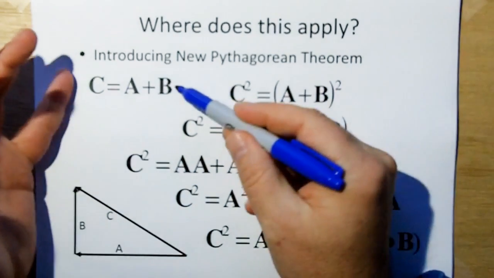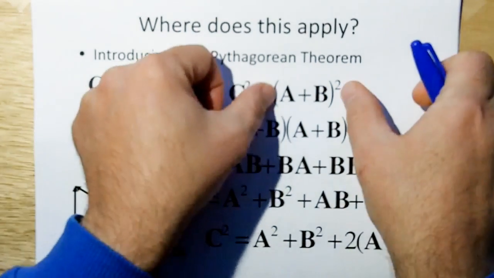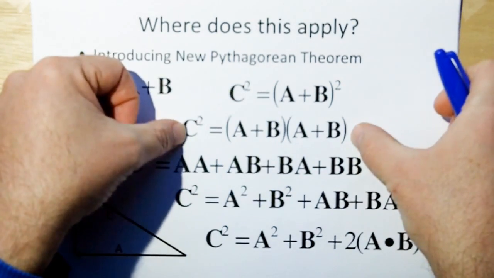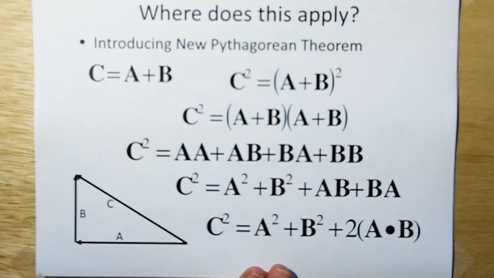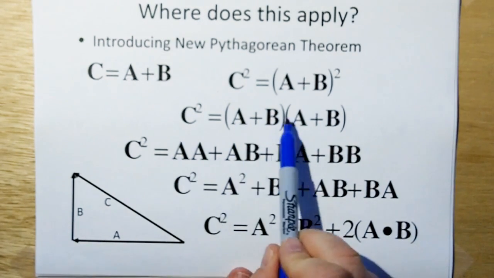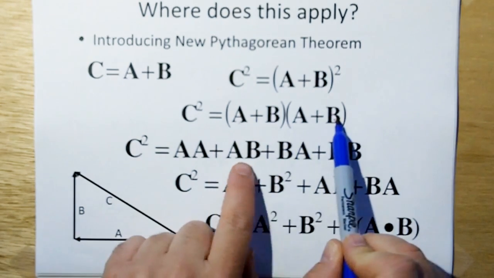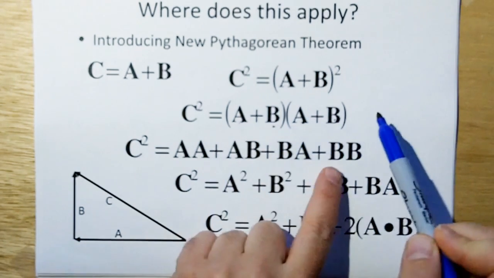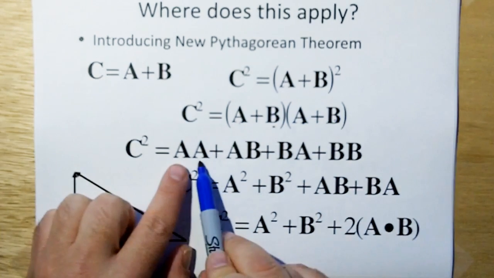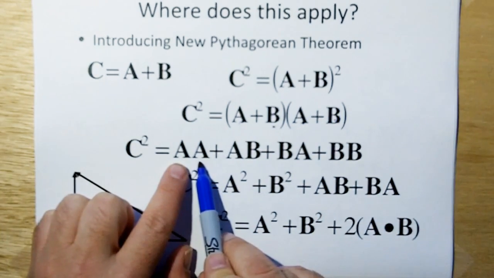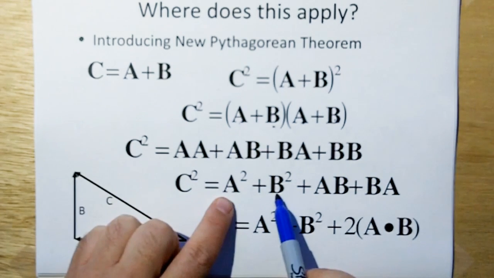Now we're going to square both sides, which ends up being this, and expand the square. Then we do our FOIL, remembering that the order of multiply matters: A times A, plus A times B, plus B times A, plus B times B. A vector squared by itself becomes a scalar matrix, which we just show as A squared, and there's B squared.